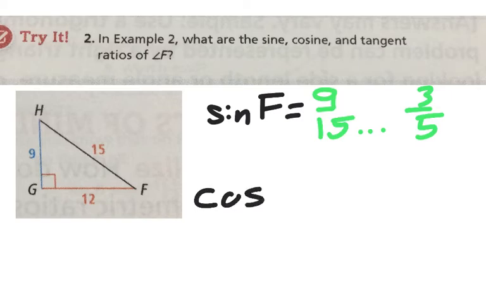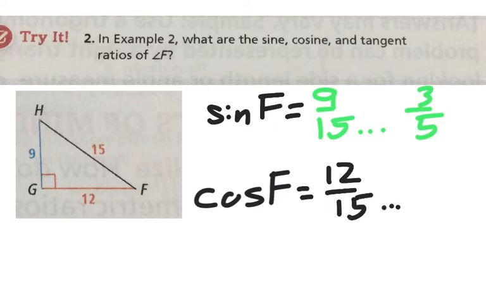Next, if I was looking for cosine from angle F. So again, here's my reference point, angle F. Cosine is a ratio of the adjacent side over the hypotenuse. My adjacent side here would be 12. My hypotenuse is 15. So cosine of F would be 12 over 15, which reduces to 4/5.